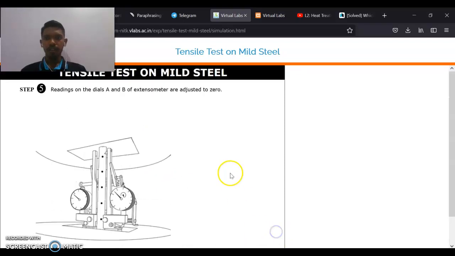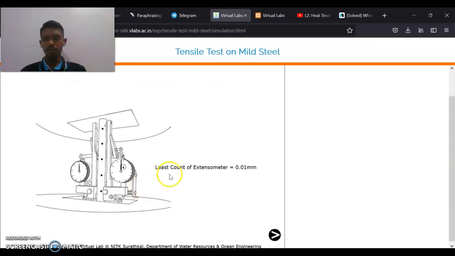So after that, the fifth step, readings on the dials A and B of extensometer are adjusted to 0. So, 0 and 0. So least count of extensometer is equals to 0.01 millimeter.